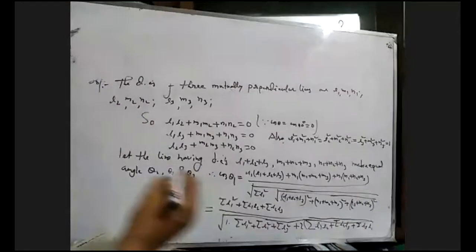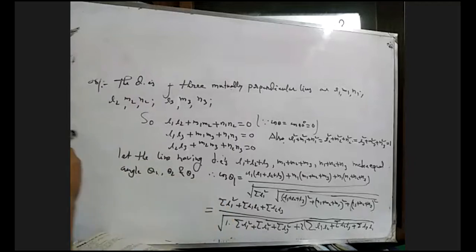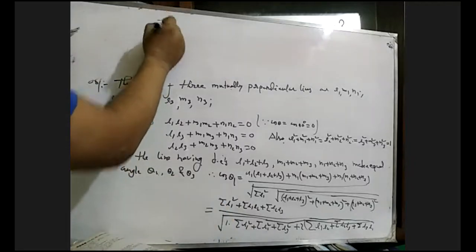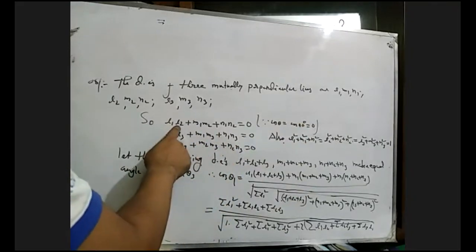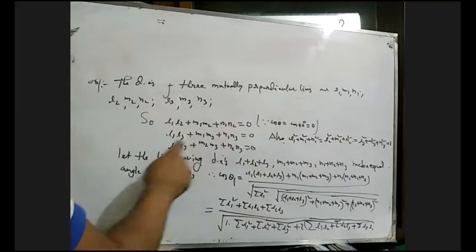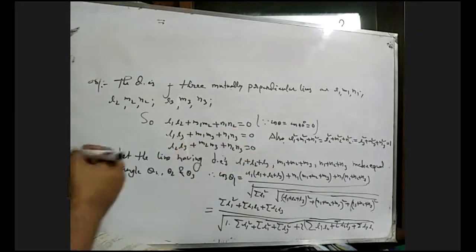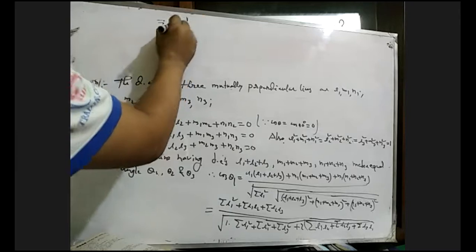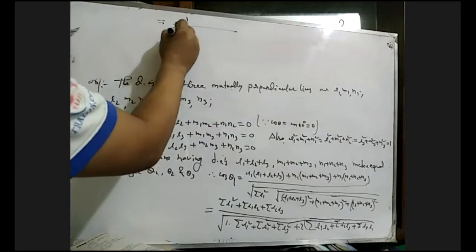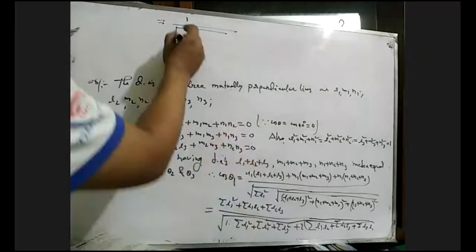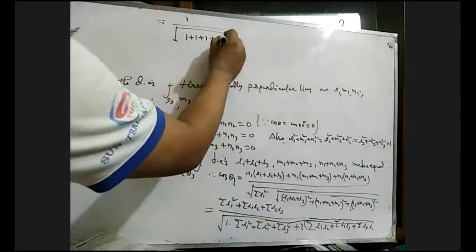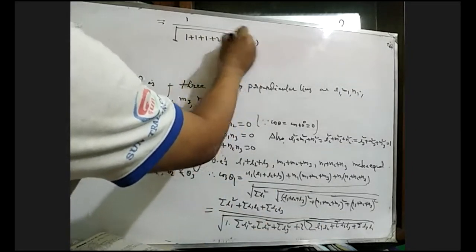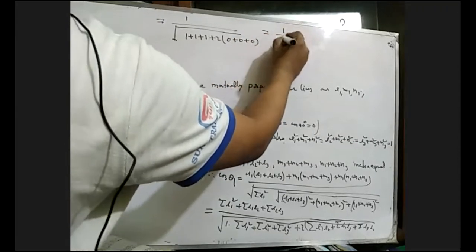Okay, so after this line we can write, actually summation L1 square equal to what? L1 square plus M1 square plus N1 square, same thing. Okay, this equals to 1. And summation L1 L2 means 0, summation L2 L3 means 0, summation L3 L1 means 0. Just using this concept, 1 divided by root over, this is 1, this is 1, this is 1. Okay, 1 plus 1 plus 1, and this plus 2 into 0 plus 0 plus 0. Okay, this is equal to 1 by root over 3.